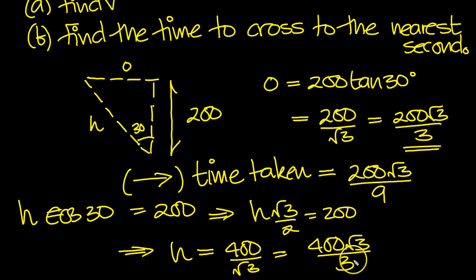Okay, now the total time taken is this. This is the time taken for the journey, because it will go up and back a bit, up and back a bit, up and back a bit, and then it will arrive here at that total time.